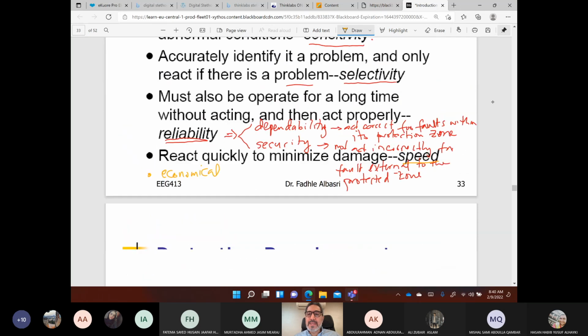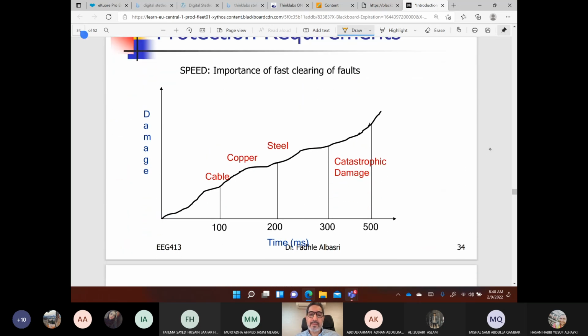Now, why is speed important? Damage is proportional to time. Damage in the equipment or in the conductors is proportional to time.